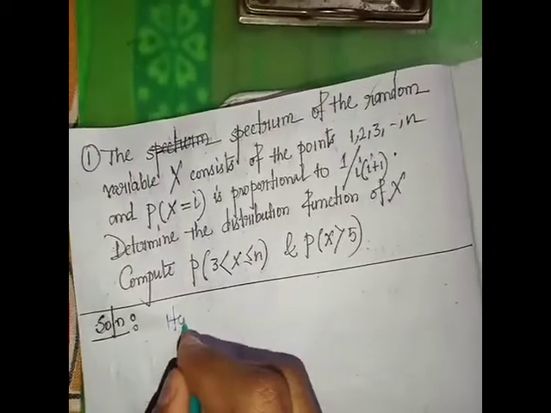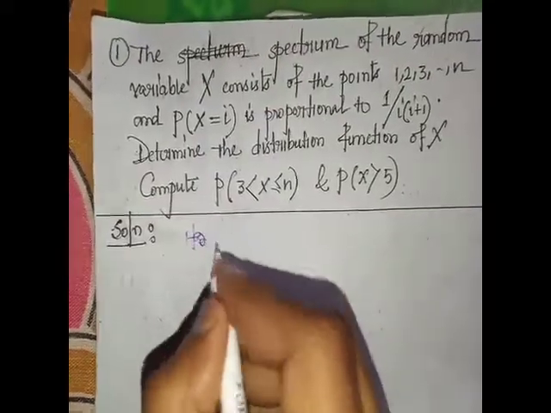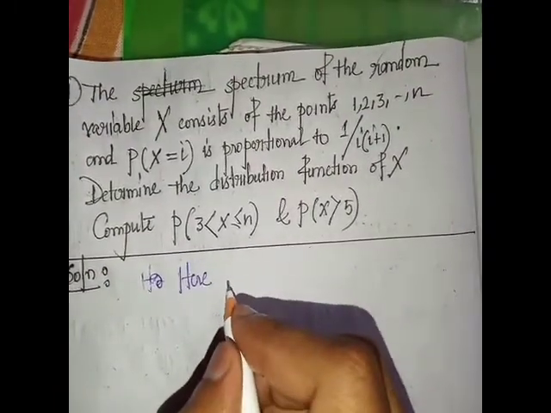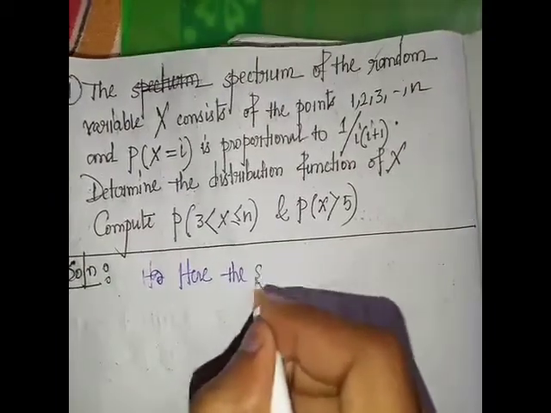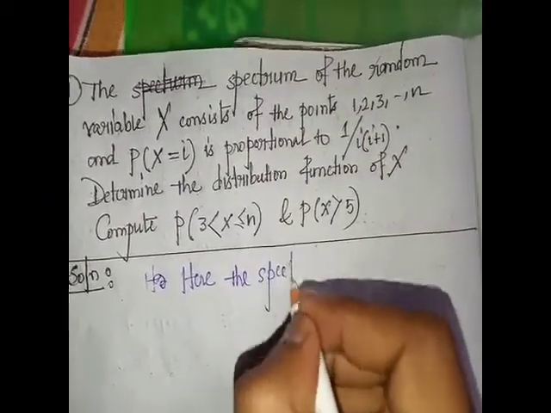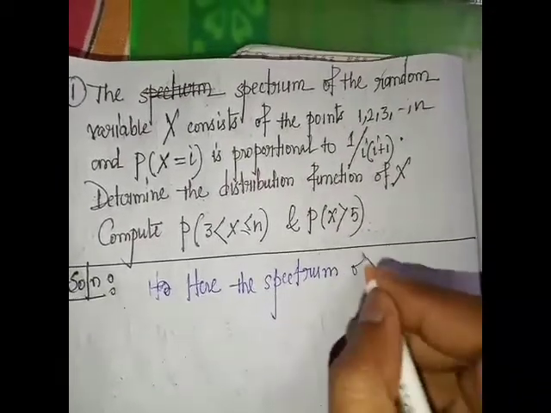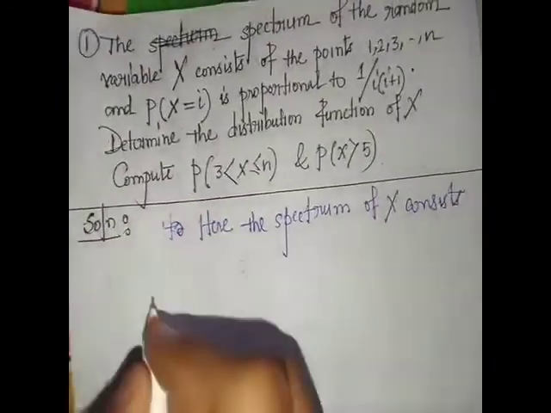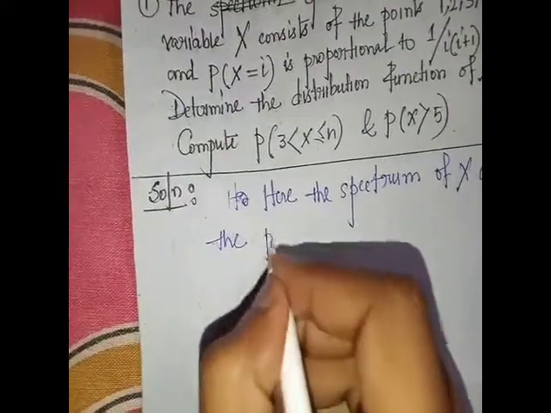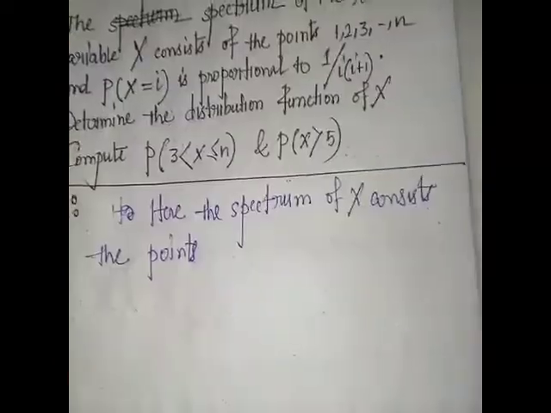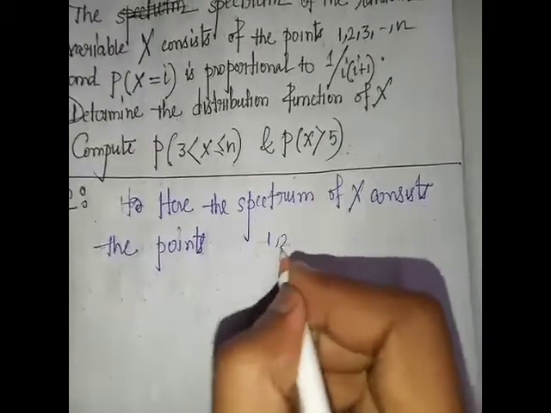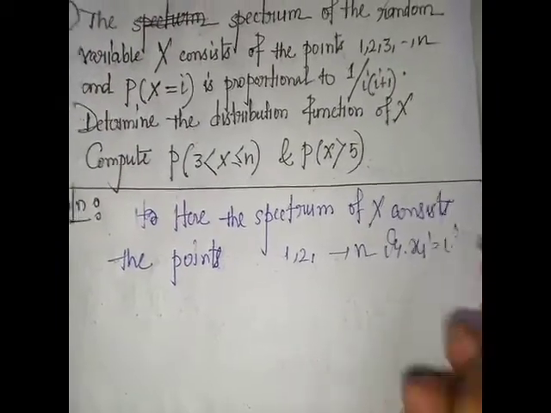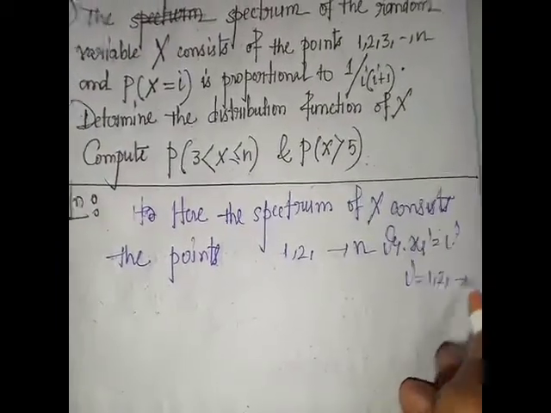Here the spectrum of X consists of the points 1, 2, ..., n, that is, the points x_i where i equal to 1, 2, ..., n.